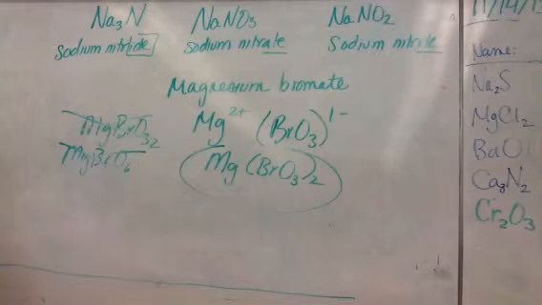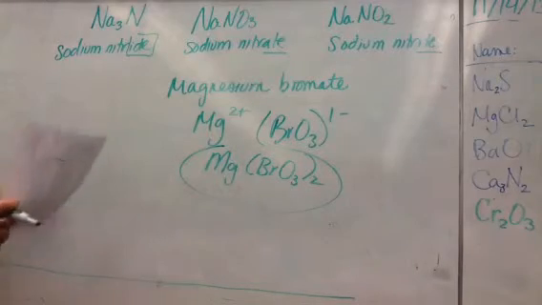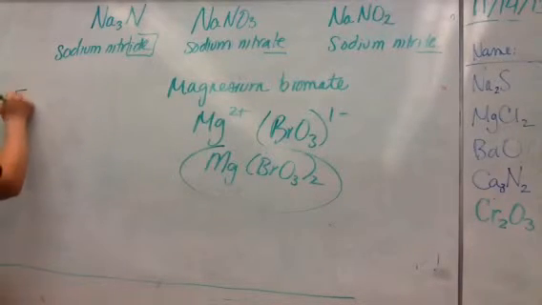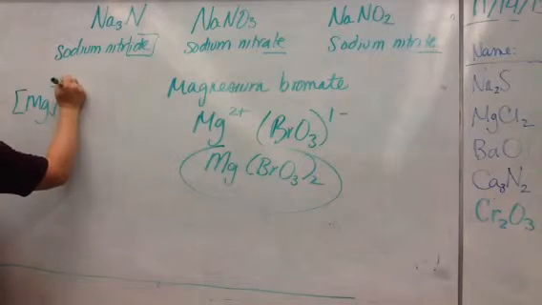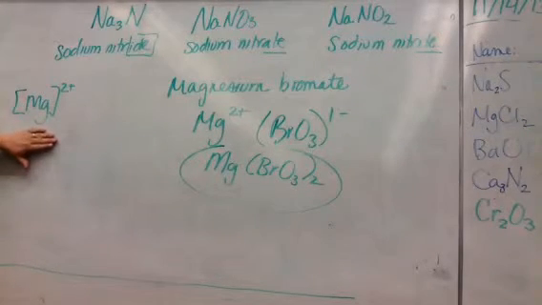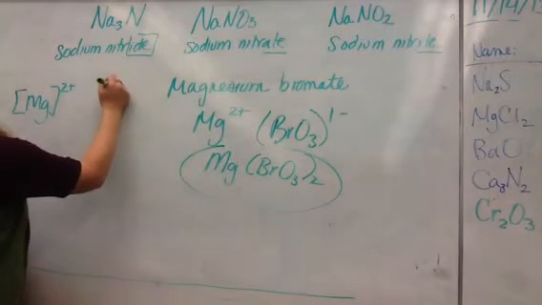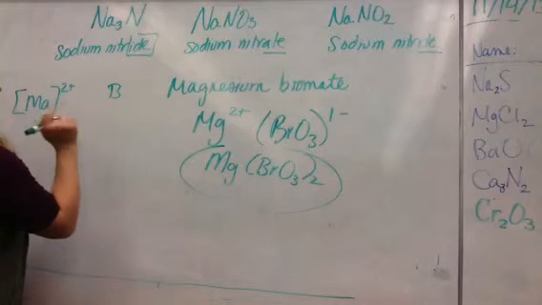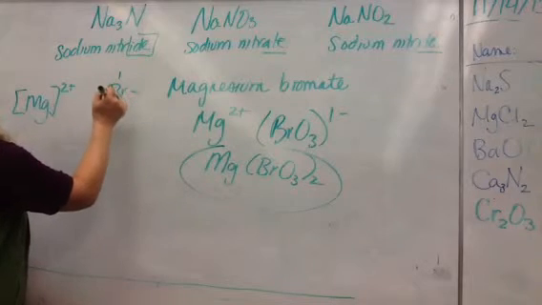So let's look at this from a Lewis structure standpoint, because I think that's the clearest way to understand this. We have a magnesium ion, and remember we can draw a Lewis structure that shows an ion. And then we have the bromate ion. I'm probably going to do the Lewis structure wrong, but just bear with me here.